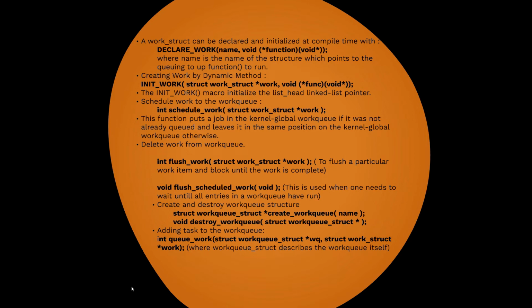When the interrupt occurs, we will just schedule the work, because it will go to that interrupt handler. And INIT_WORK is a macro which initializes the list head entry linked list pointer.